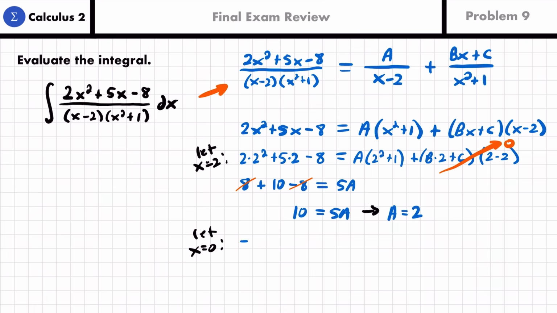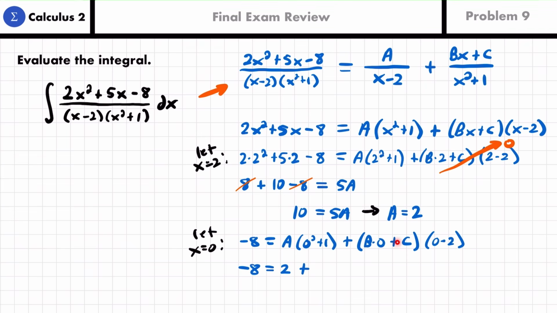All right, so we've got negative 8 is equal to a times 0 squared plus 1 plus b times x. So that's going to be 0, but then plus c, and then 0 minus 2. Now 0 squared is 0, plus 1 is 1. So we have 1 times a, but a is equal to 2, so I will replace that with 2. We have negative 8 is equal to 2, plus b times 0 is 0.